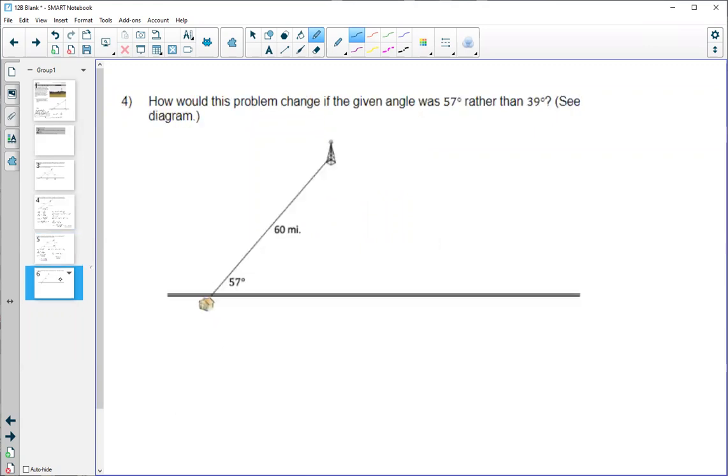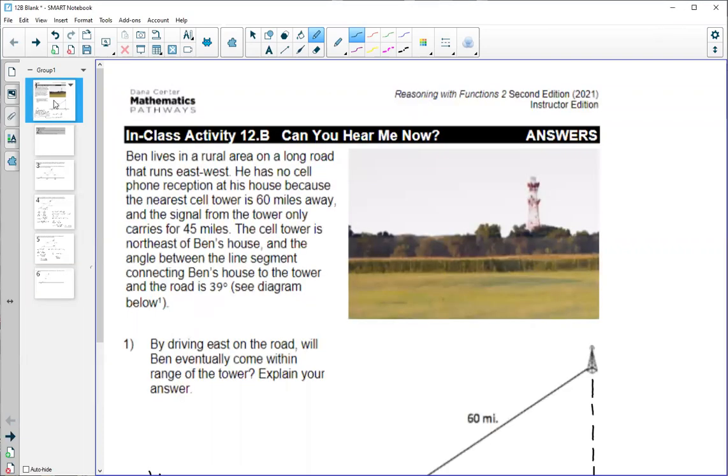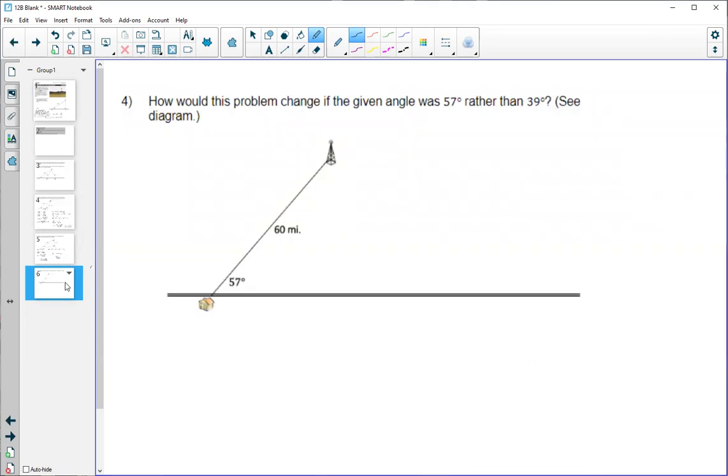Part 4, how would this problem change if the given angle was 57 degrees rather than 39 degrees? And we have a new diagram here as well. Before we do this, let me go back to screen 1. It says the signal from the tower only carries for 45 miles. So let's make a right triangle.